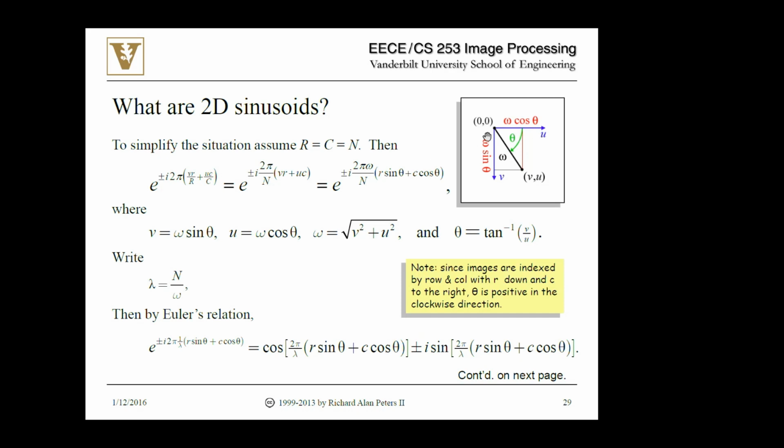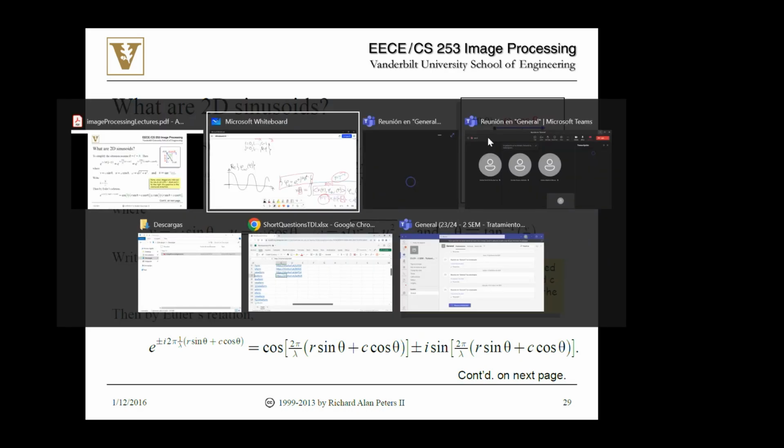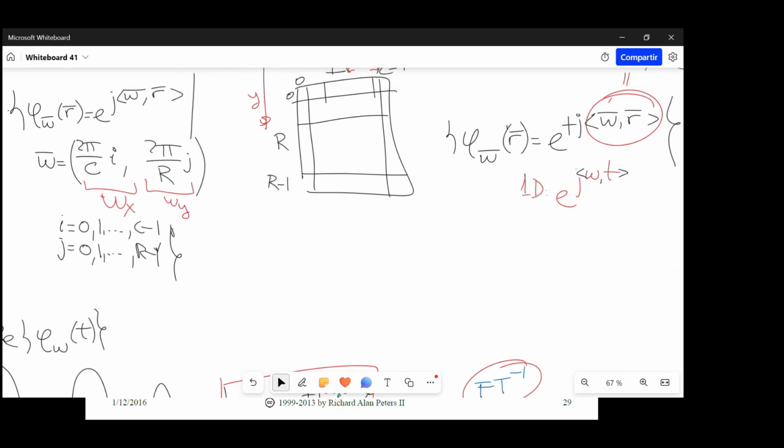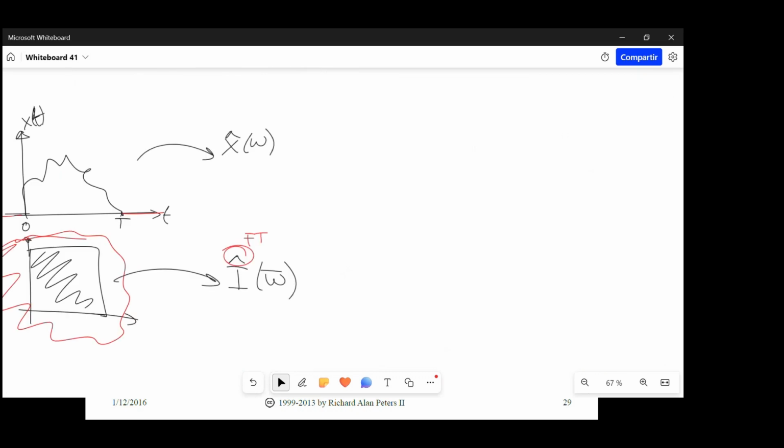And then it is more clear my notation. So let's say I have two frequencies, omega x and omega y. I have a point here, and this point is omega x, omega y.